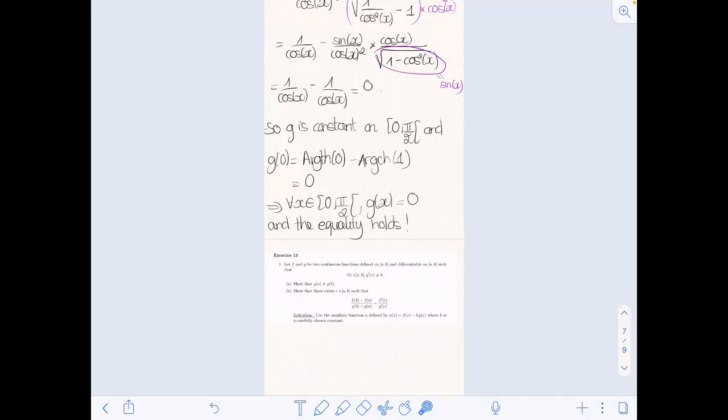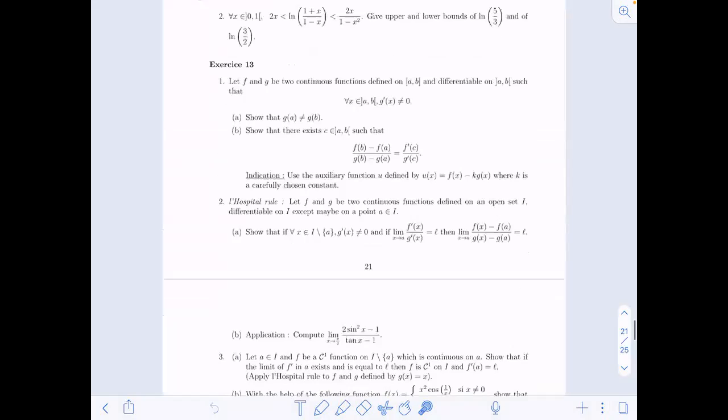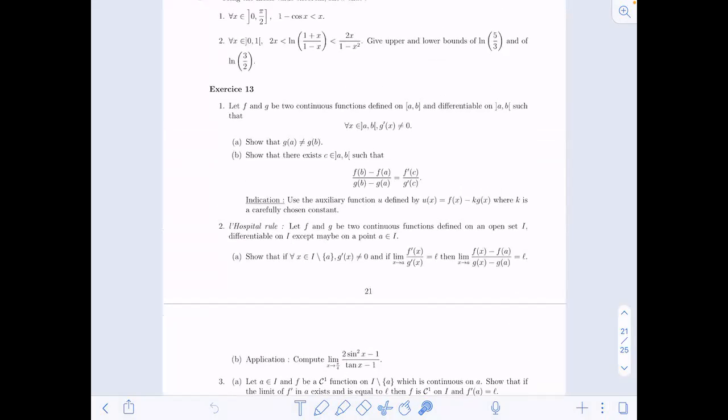So it's quite a long exercise. If you have your exercise sheet in your hand, you'll see that there are, let's have a look, 4 parts to it. And what it's going to involve is proving a rule called L'Hopital's rule that you may have seen before.